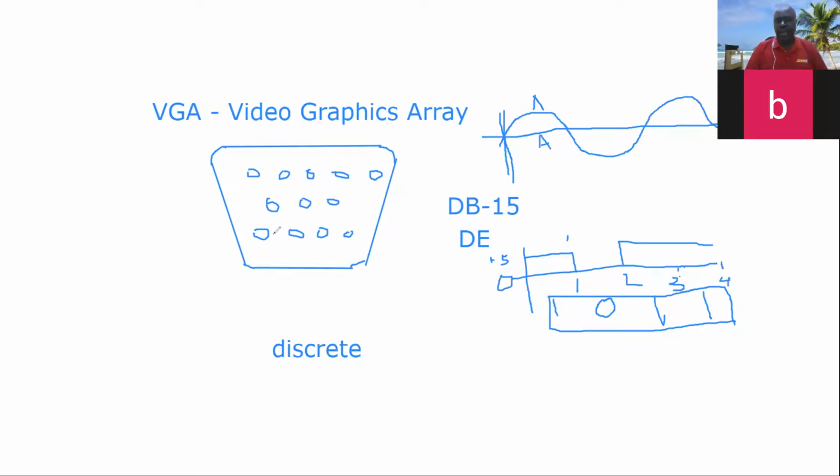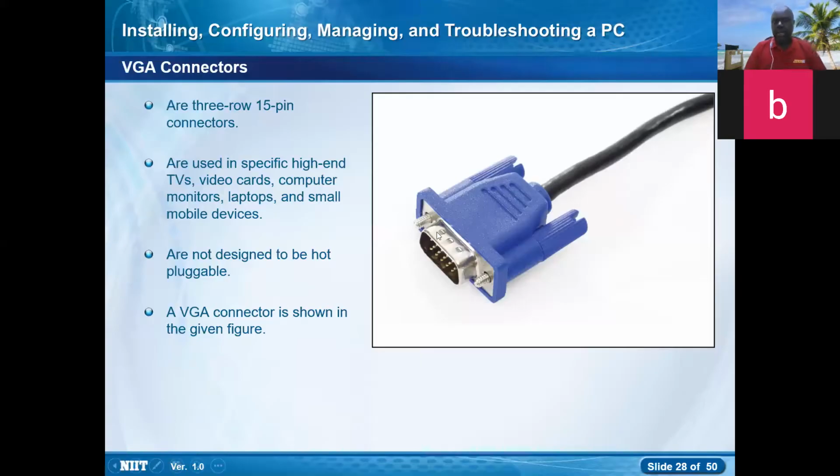Now we are saying the VGA is a connector that is used to connect a display device to the computer using analog signals.